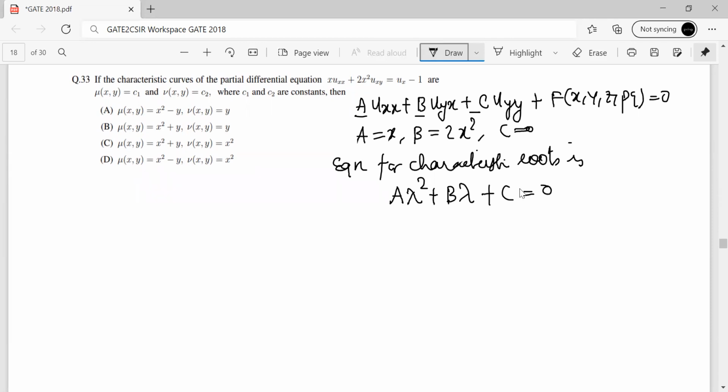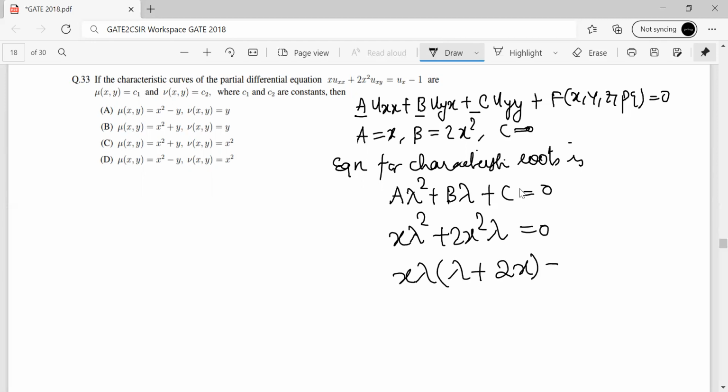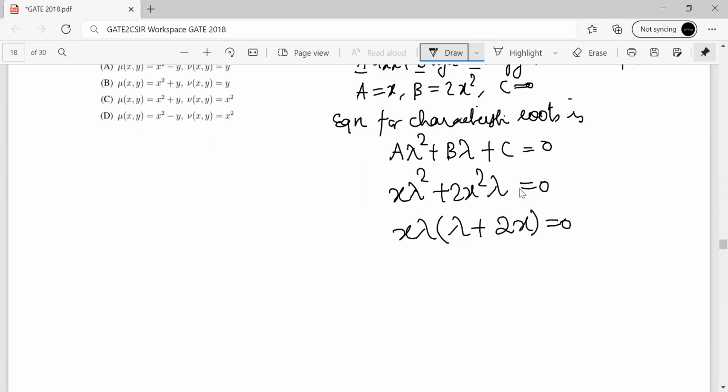Now just substitute: A is x, so I get x lambda squared, B is 2x squared lambda, and C is 0. Now I can take x lambda common, and that gives me lambda plus 2x equals 0. My x cannot be 0, because if x is 0, everything will be 0. So lambda should be 0, or lambda should be minus 2x.